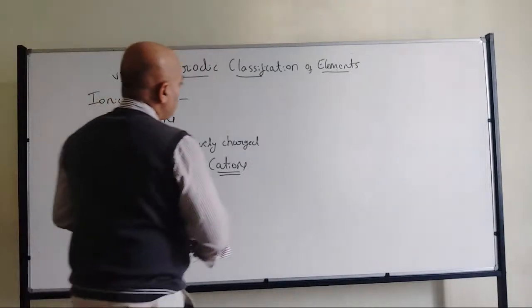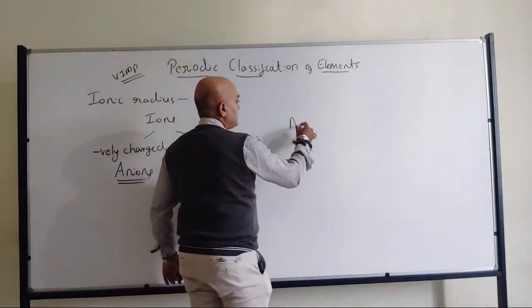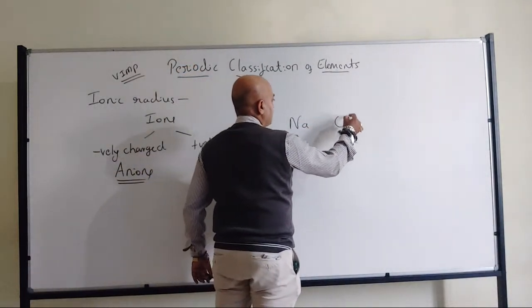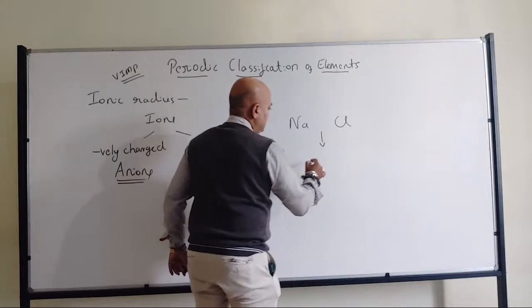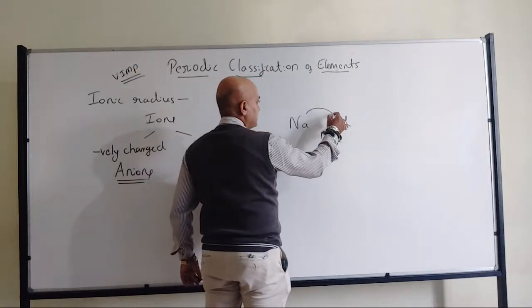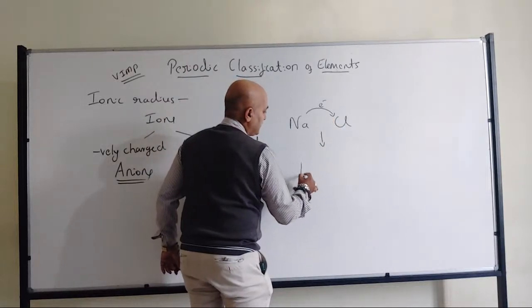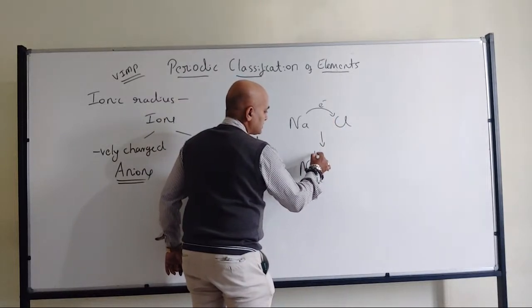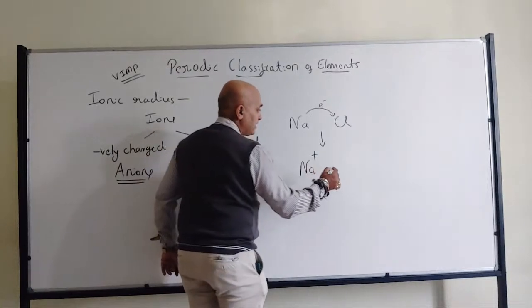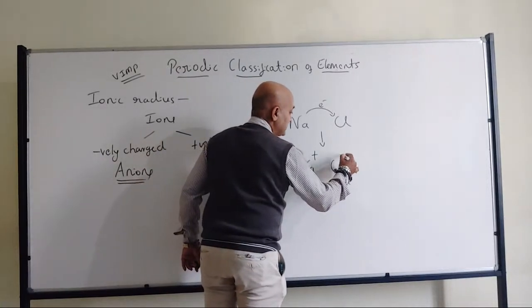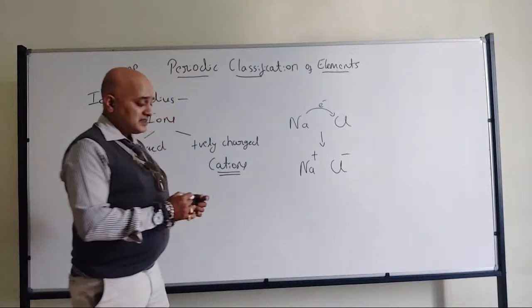Now, see for example, I have sodium and I have chlorine. They will interact with each other in such a way that sodium is going to donate an electron to chlorine. Since sodium has lost the electron, it will become Na+. Since chlorine has gained the electron, it will become Cl-.